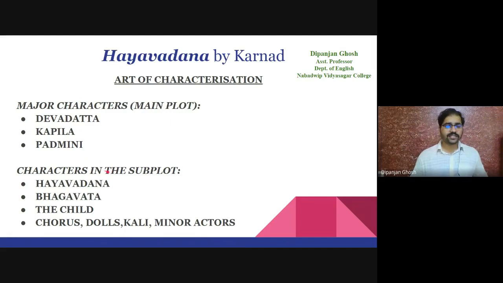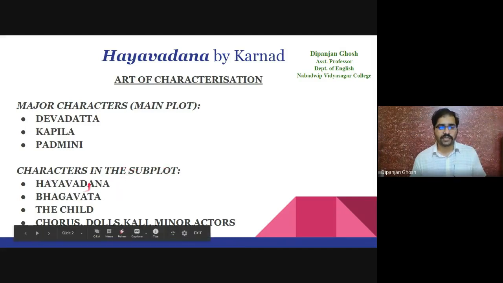In the second perspective, there is a subplot, and as the title of this play is concerned, the subplot is associated with the character of Hayavadana, because ultimately the name of the play is Hayavadana.